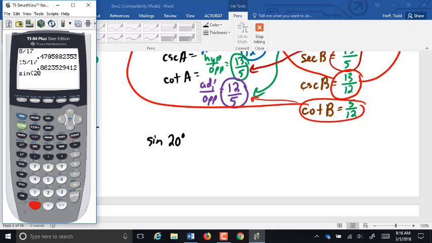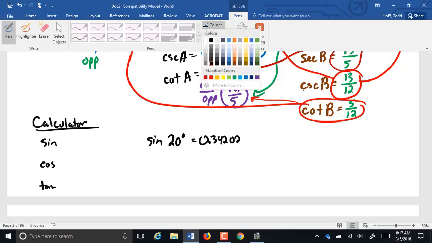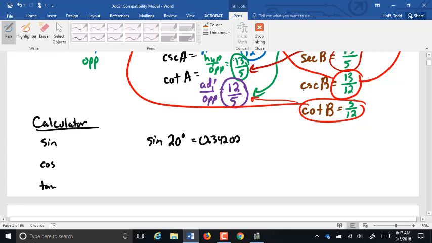So you hit the sine key and type in 20. Most of your calculators should go forward notation. You should close the parentheses, but it won't affect you if you don't in this case. Hit enter, you should get 0.34202. If you did not get that, that means you probably got a mode set up different in your calculator. So you did sine of 20, did you get 0.34202? Yep, okay. So then everybody's got their mode set right.